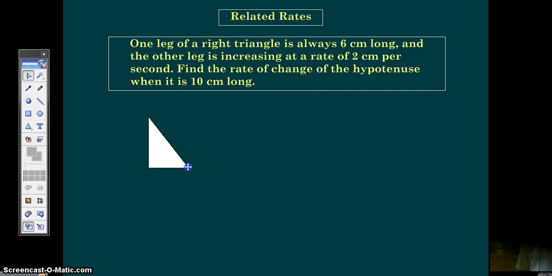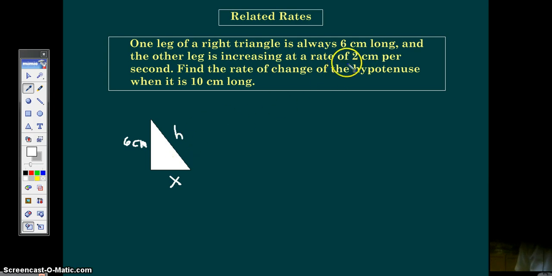Now, remember that one leg is always 6 centimeters, so let's have this as that constant leg. So it's always 6 centimeters. It means that this other leg, let's denote it as x, and the hypotenuse of course as h. So these two variables, x and h, will change.